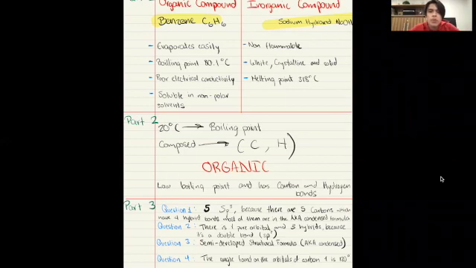Another point mentioned in the problem was that the substance had a low boiling point. The boiling point of the substance is 20 degrees Celsius. This confirms that the substance we were analyzing is an organic compound.